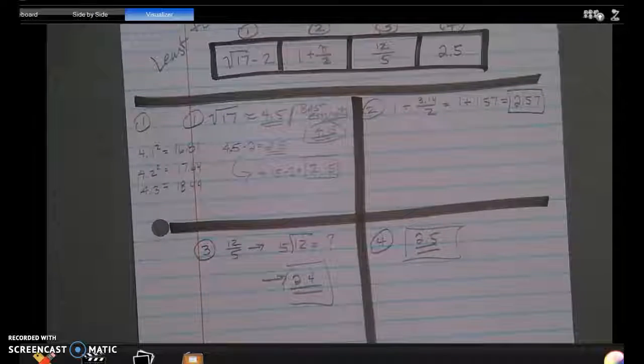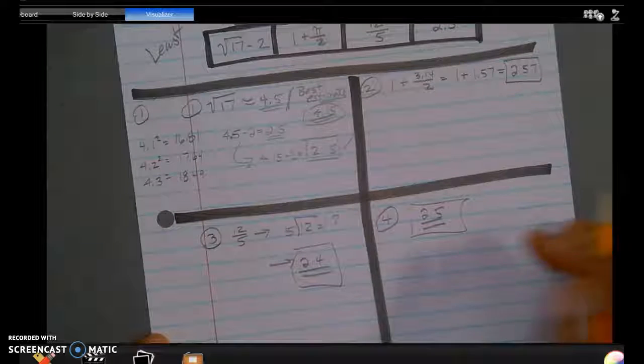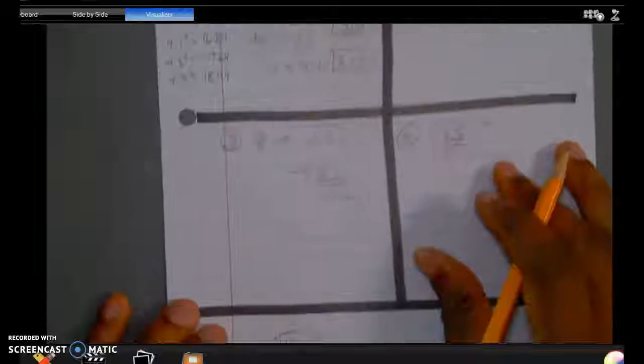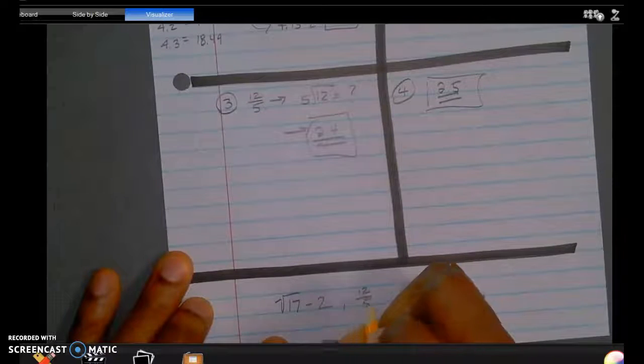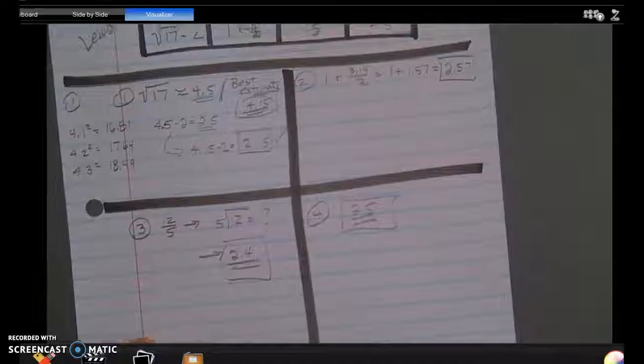So the least is going to be what? The square root of 17 minus 2, because that was 2.15. I have that done. Okay, I'm going to check that off. Next. What's next? You guessed it. It's going to be number 3, which was 12 over 5. What's next?